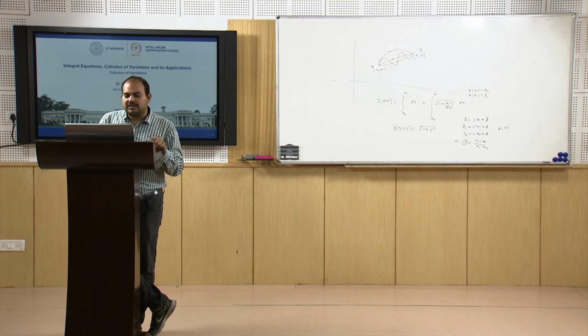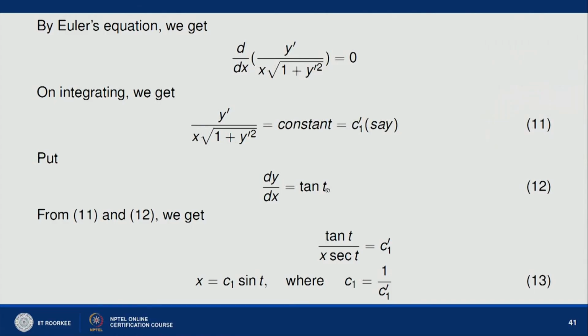So here we can take dy by dx equal to tan of t. If we take dy by dx equal to tan of t, where t is some kind of parameter, then equation 11 reduces to this: y dash is tan of t and under root 1 plus y dash square reduces to sec of t. So you can find out the value of x, which is nothing but C1 sin t, where C1 is nothing but the reciprocal of this C1 dash. So here x can be written as C1 sin t.